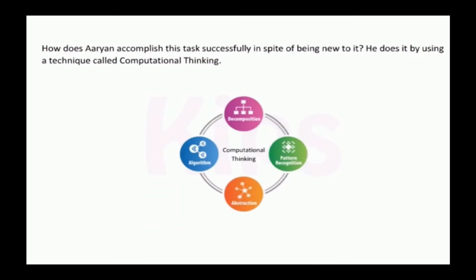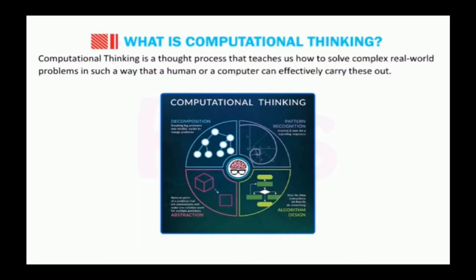How does Aryan accomplish this task successfully in spite of being new to it? He does it by using a technique called computational thinking. So now, what is computational thinking? Computational thinking is a thought process that teaches us how to solve complex real-world problems in such a way that a human or computer can effectively carry these out.